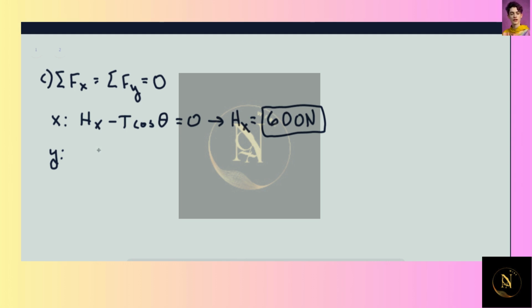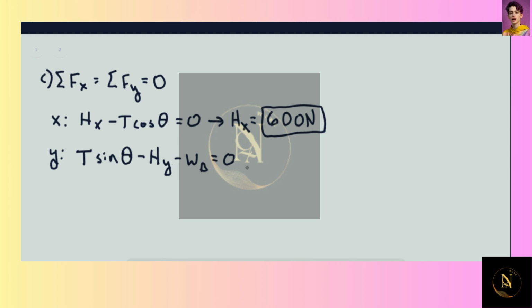For y, recall that we have h sub y in the negative y direction, which may or may not be true. And if it's not true, we'll get a negative number, and then I'll know it's actually upwards. So we have the vertical component of the tension minus the y component of the hinge force minus the weight all add up to 0.